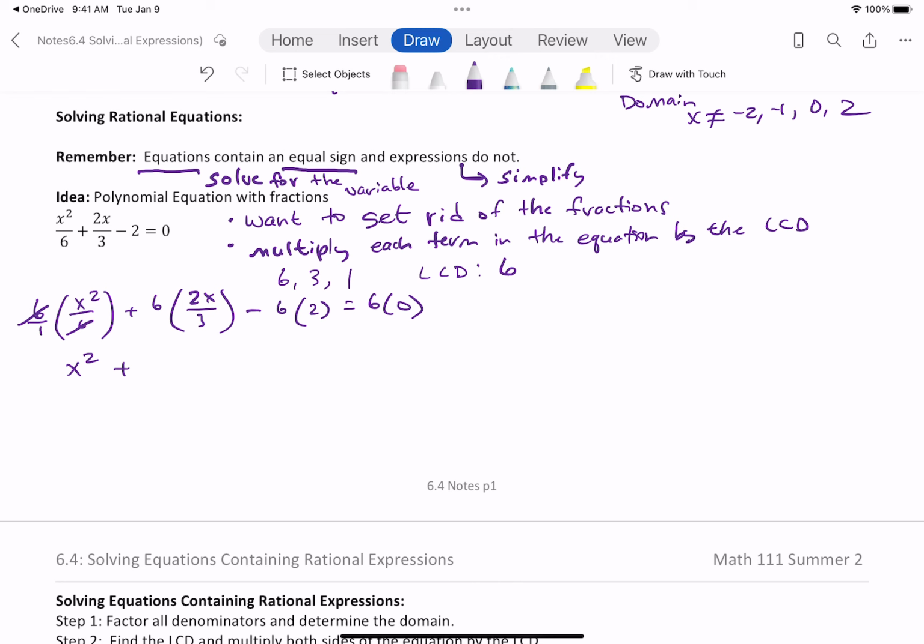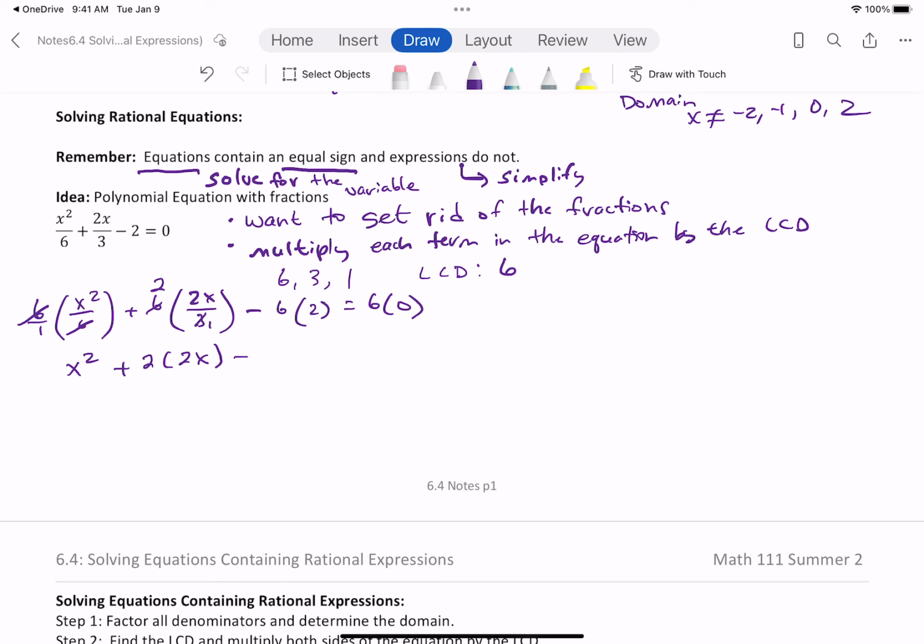Now this time I don't have a 6 and a 6, so I have to divide. 3 into 3 is 1. 6 divided by 3 is 2. So I'm left with 2 times 2x. Then we don't have anything to cancel with the third term, so we just multiply.